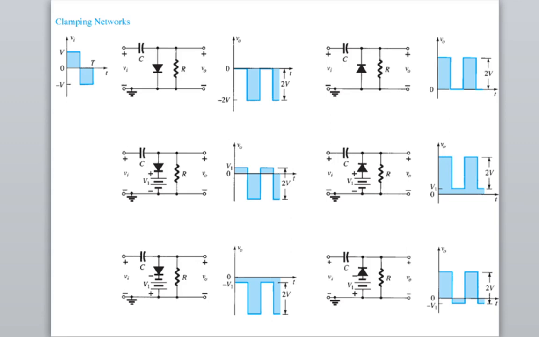I request all students to please go through the reference book, go through my lecture thoroughly, and try to solve more and more numerical problems based on the topics I am teaching you, whether it is the clamping circuit, the clipper circuit, the half wave rectifier, the center tapped full wave rectifier or the bridge circuit full wave rectifier.